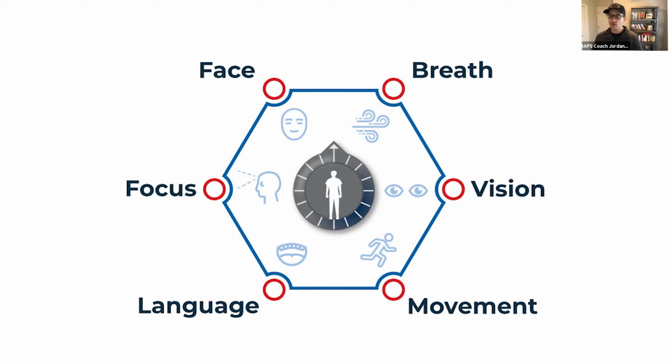Now, language has two different ways. There's internal and external. So one, internally, is the content of the self-talk that you're having with yourself, the conversation within your mind. One of my favorite things to ask people is, if I just took a recorder, stuck it into the side of your head and played what you were saying to yourself when you're in states of frustration, anxiety, whatever, what would that sound like?